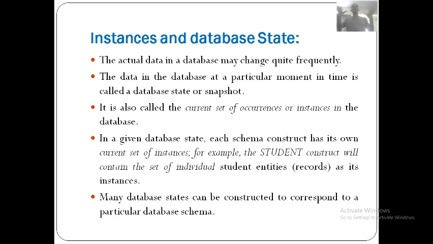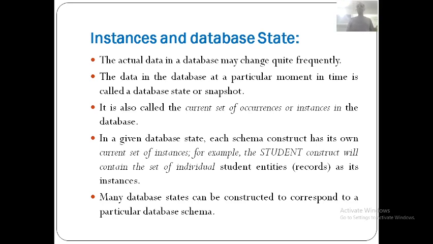If you take a snapshot of that, that is nothing but a given database state. That is called a database state. In that, how many values, how many records each of them has, they are nothing but instances.